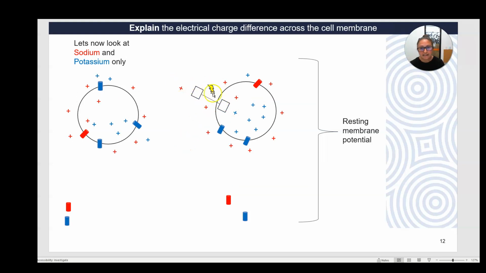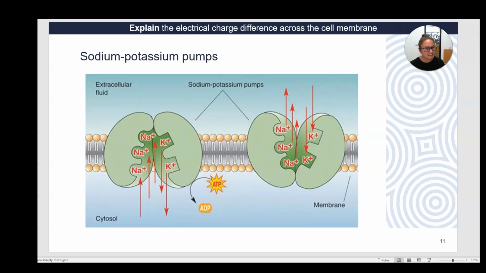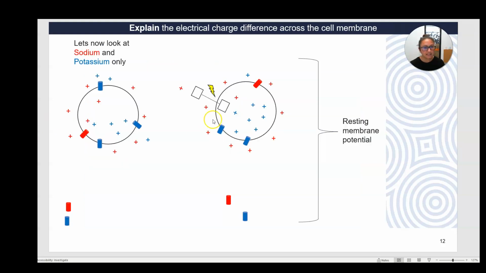Now the sodium-potassium pump does that day in, day out, all day, every day, and it's the thing that is keeping you alive. Okay, so that is the sodium-potassium pump.